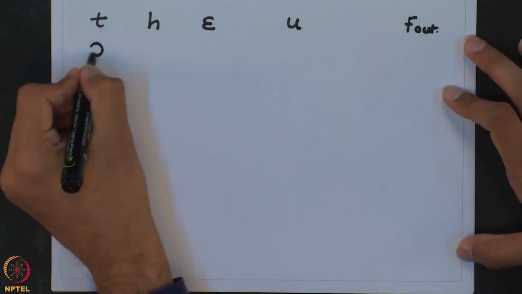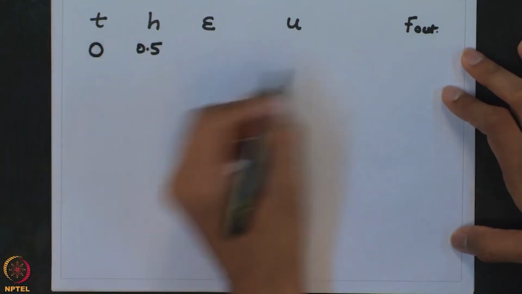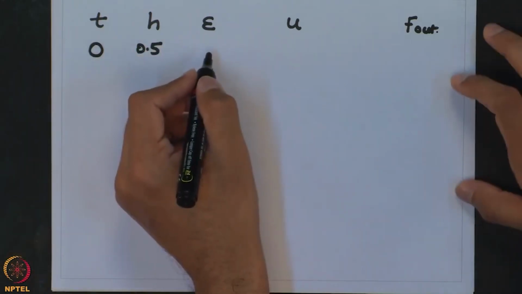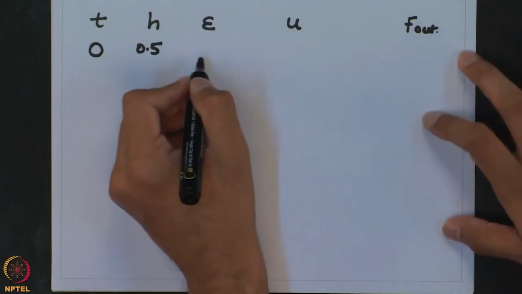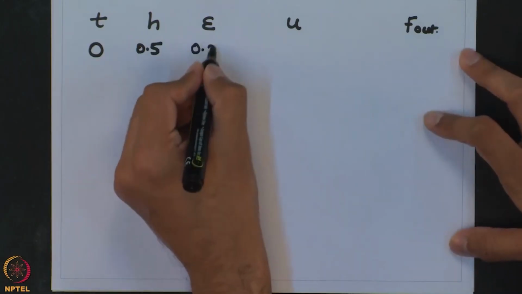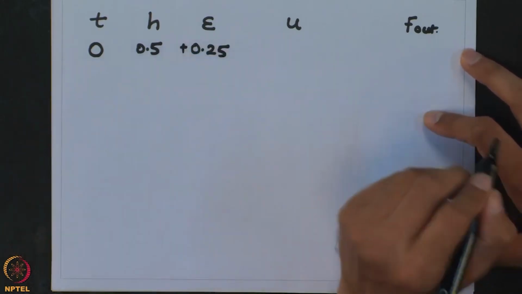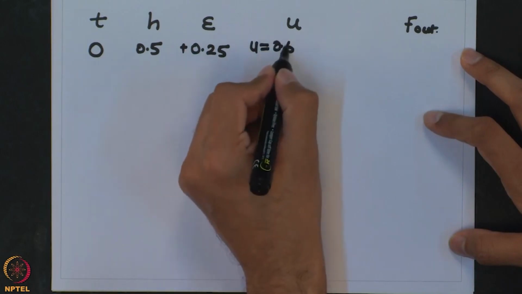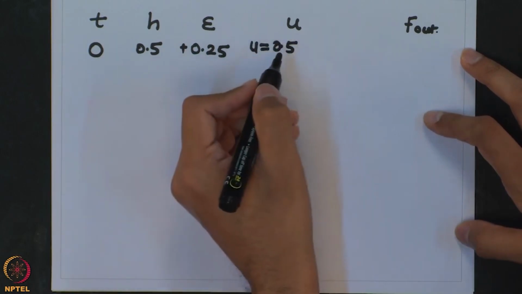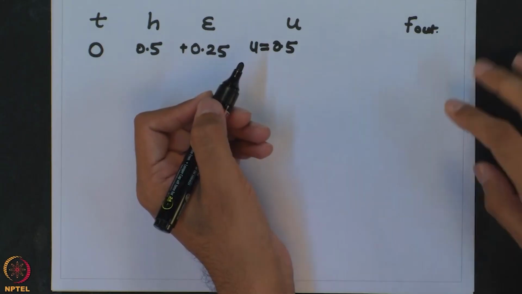So, let us start with time t equal to 0, the height is 0.5, and as we have requested the set point to be changed to 0.75, it causes the error to be of positive 0.25, and accordingly the controller will take action. The initial value is 0.5, it is going to be a direct acting controller. So, the controller gain has to be negative.